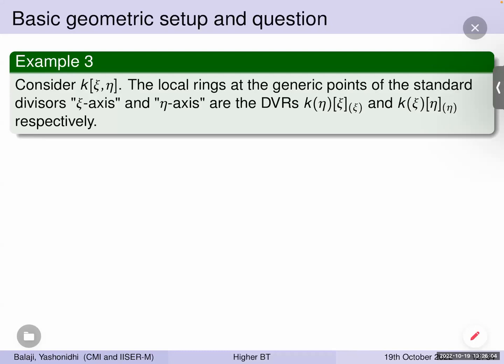The local rings at the generic points of the standard divisors, the ζ axis and η axis, are the DVRs, k(η)[ζ] localized at ζ, and the other one. Their specs are tubular neighborhoods of the axis. So I've given this example just to familiarize you.